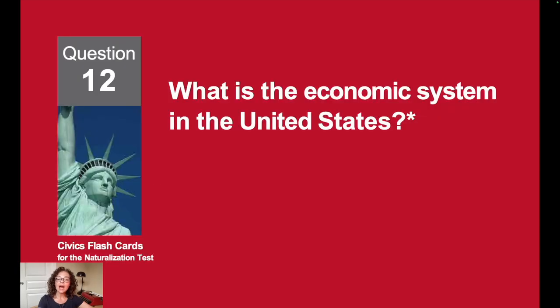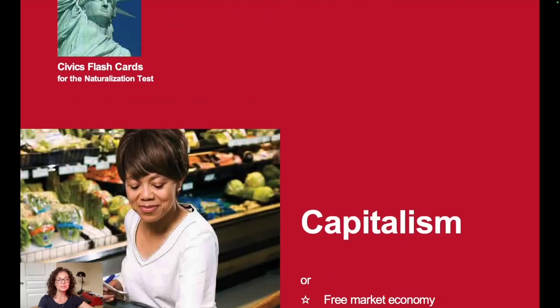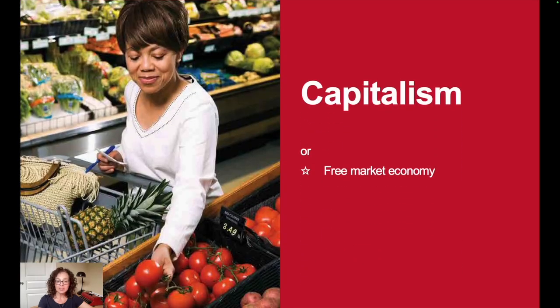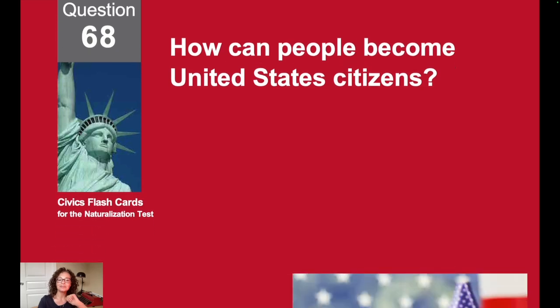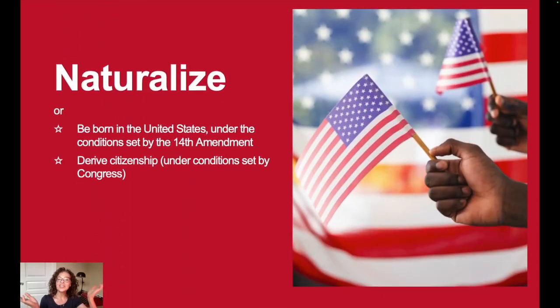What is the economic system in the United States? Capitalism. How can people become U.S. citizens? To naturalize.